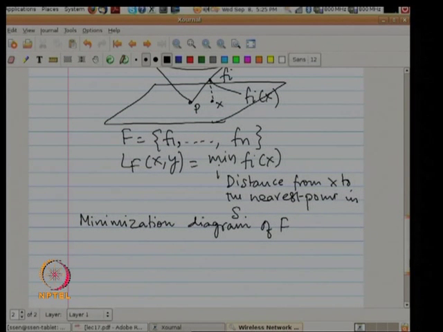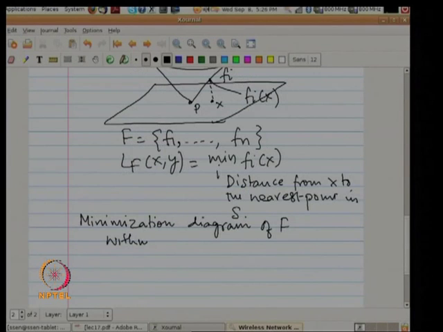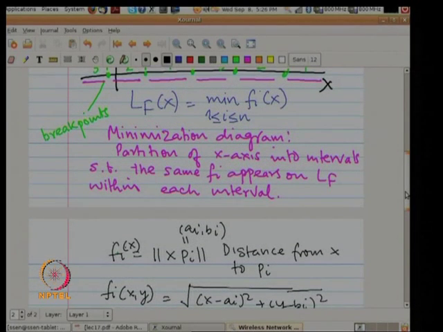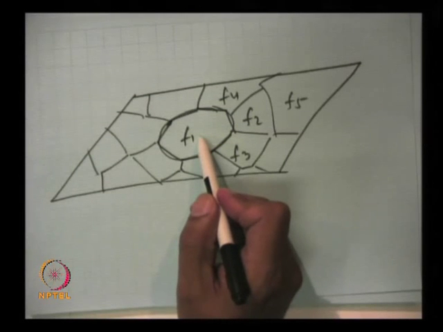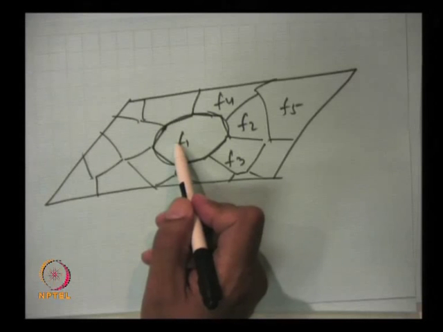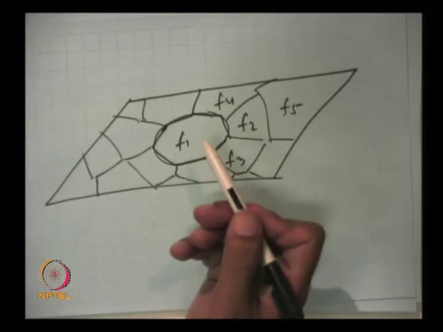Now, can you guess what the minimization diagram of this function will correspond to? Within each region, the same function f_i appears on the envelope, am I right? Because that was the definition of the minimization diagram. So, if you look at any region, the same function appears on the envelope, and in this particular case, a function appearing on the envelope means it is the nearest neighbor, and that is precisely the definition of the Voronoi cell.